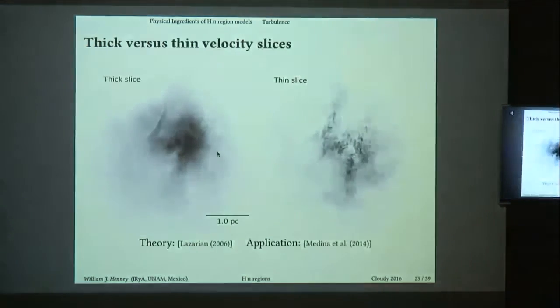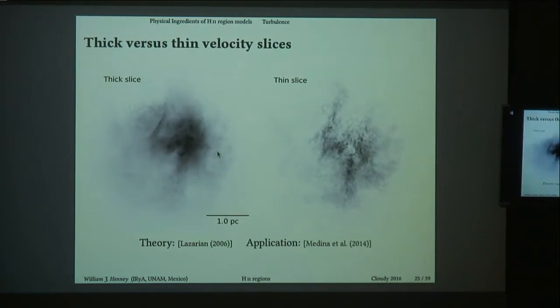One way of studying this is statistically. I haven't got time to explain this, but if you take isovelocity images and compare the structure you see in them to an image that's integrated over all velocities, then you should see more structure in the thin velocity slices, because as well as the emissivity variations, you're also seeing velocity variations there.